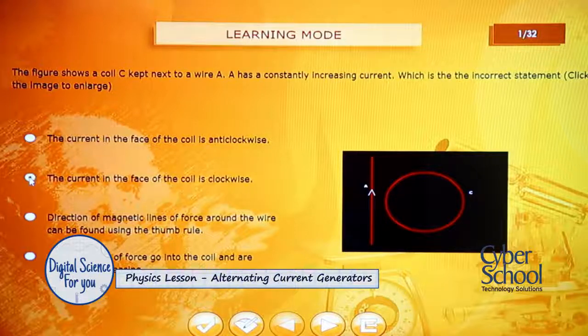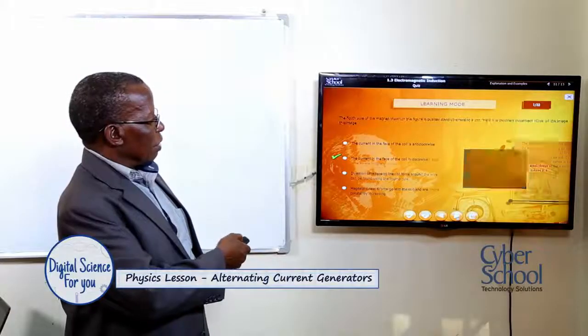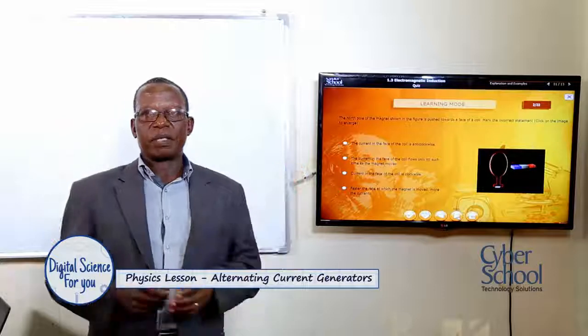If you click on this one here and then you check the answer, it will tell you that that one is the correct answer. And then if you click on the explanation, it also gives you the explanation. And that is the beauty of digital science. And if you want to go to the next one, then it also gives you the same arrangement.